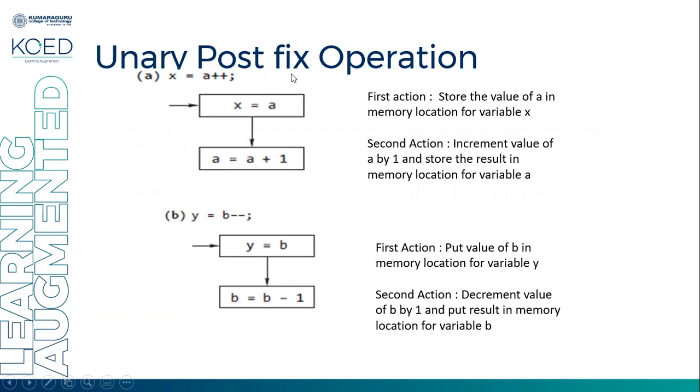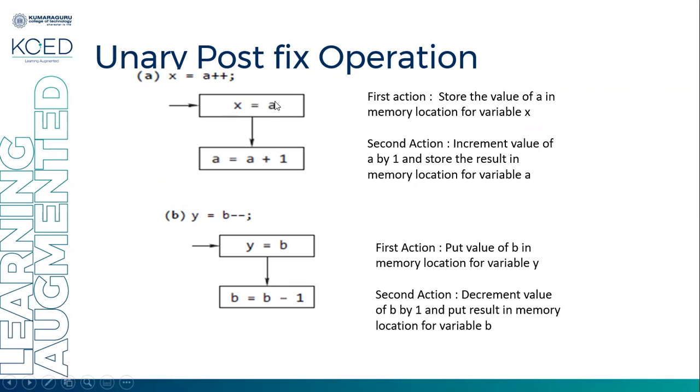We'll see an example of postfix as well as prefix expressions. In a postfix expression, if x equal to a plus plus, what will happen? The value of a will get assigned to the variable x, and after that, the value of a will get increased. For example, x equal to a plus plus. First, store the value of a in the memory location of the variable x. Second action, increment the value of a by 1 and store the result in the memory location of the variable a.